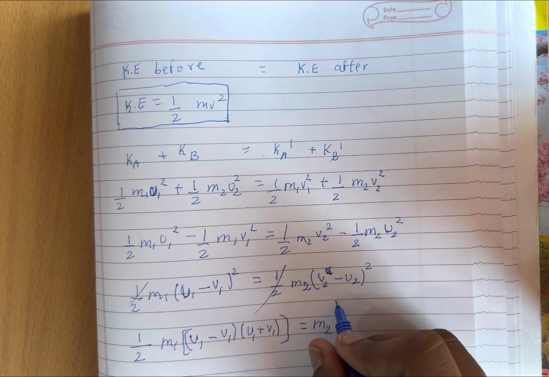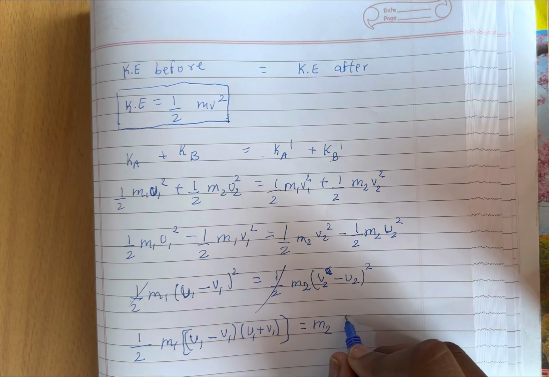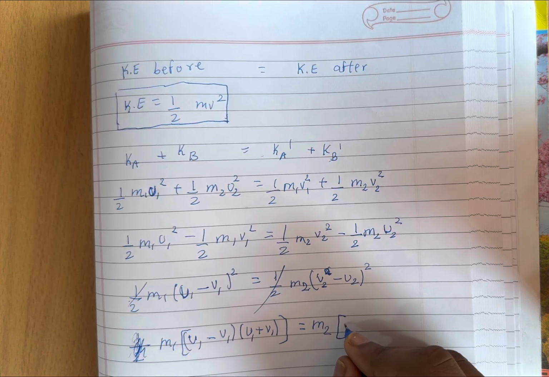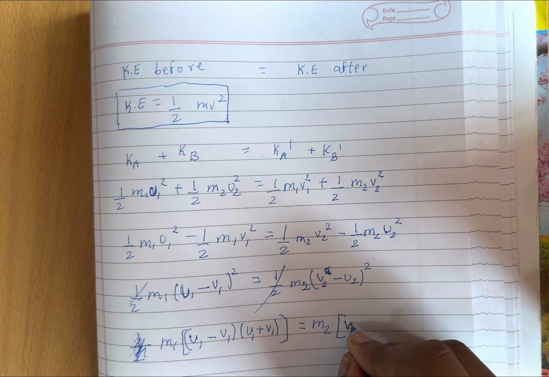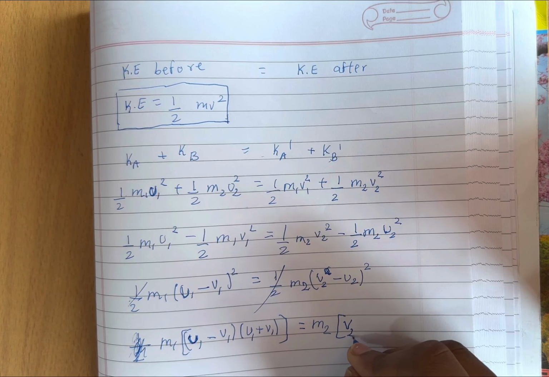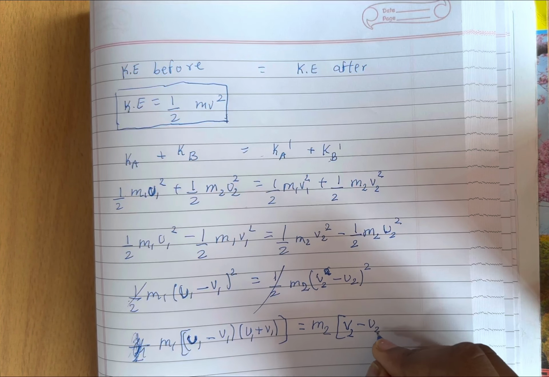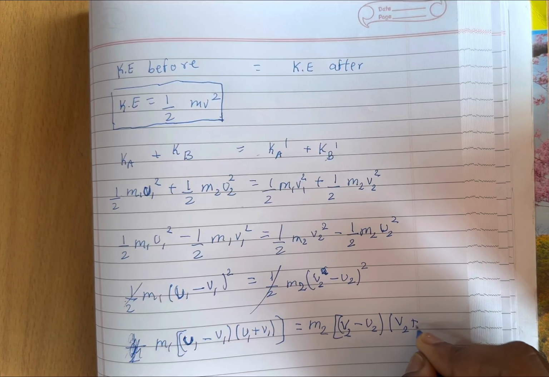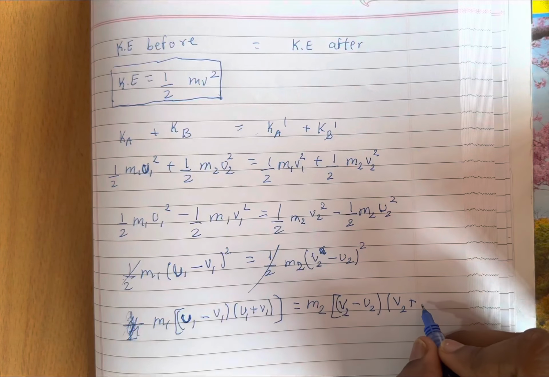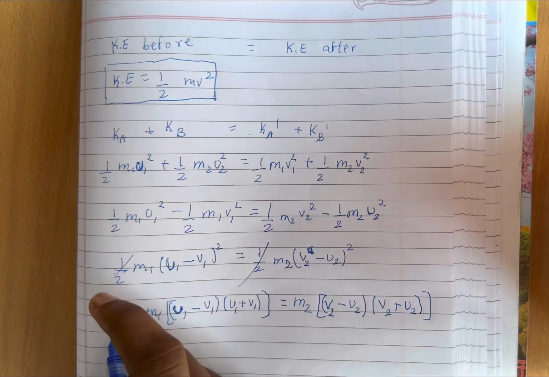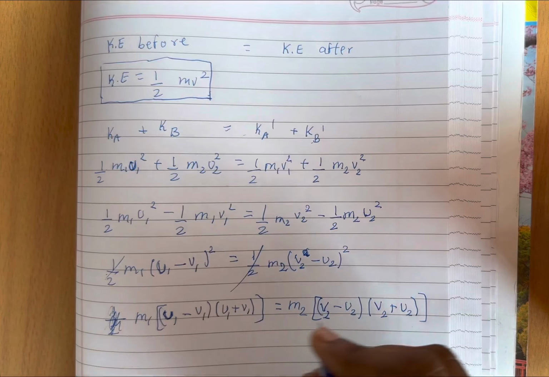Over here v2 minus u2 square we can write as v2 minus u2 times v2 plus u2. So now this is our equation 2.